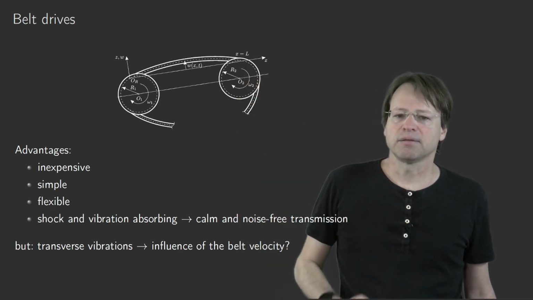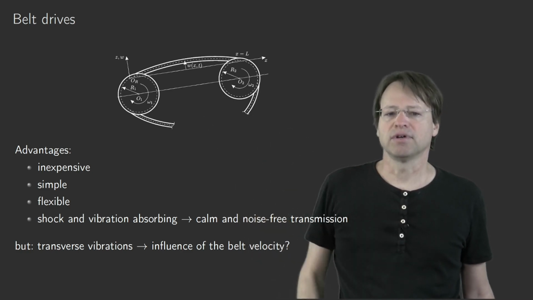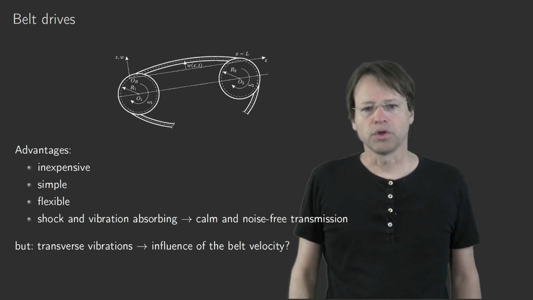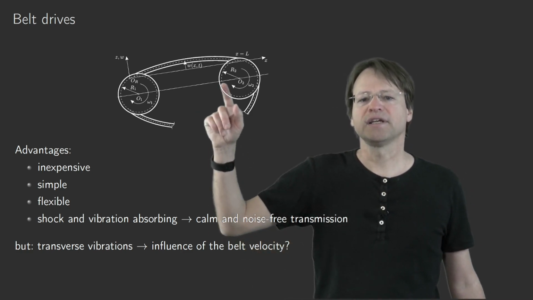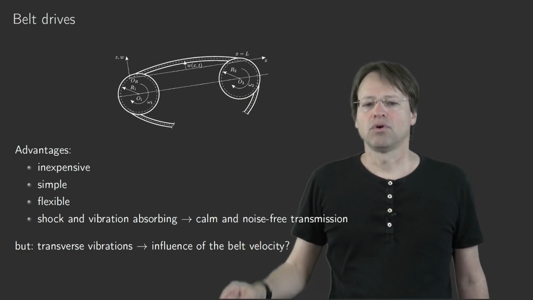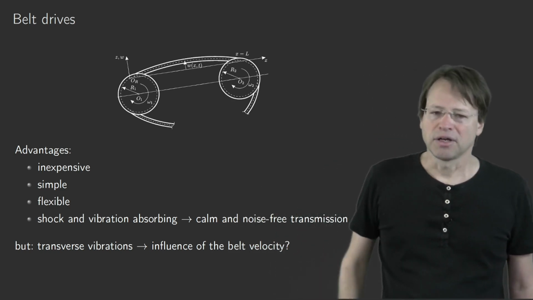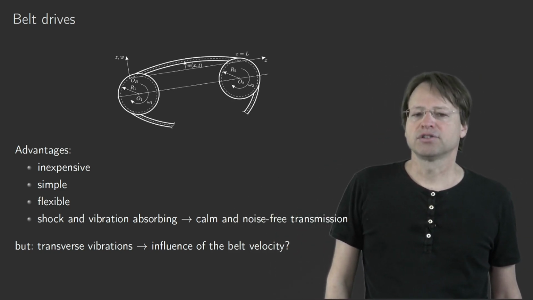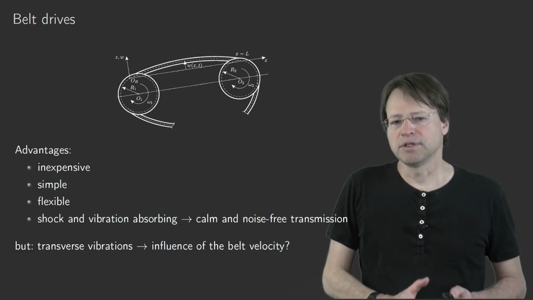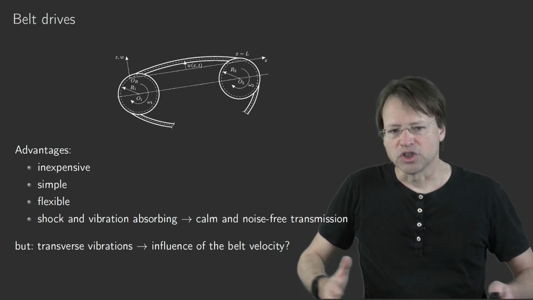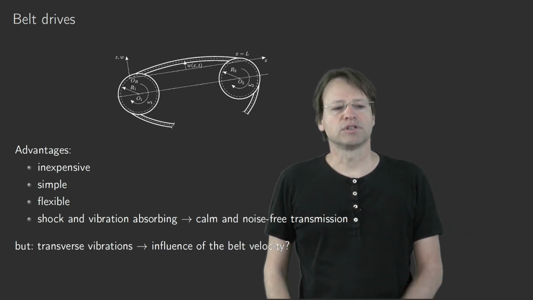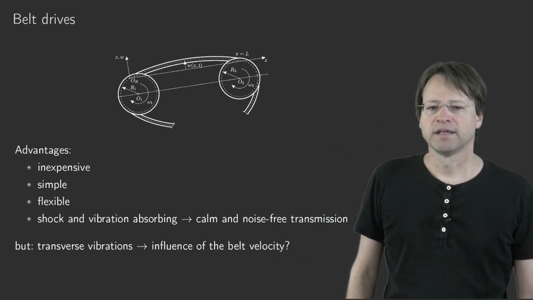And the second mechanism is, of course, bending vibrations. So we will study the joint string and bending vibrations for the belt at rest. But first of all, we derive the equations of motion, and these will be derived in a general way, that is, taking the belt velocity into account.